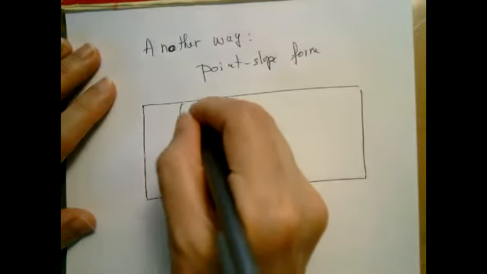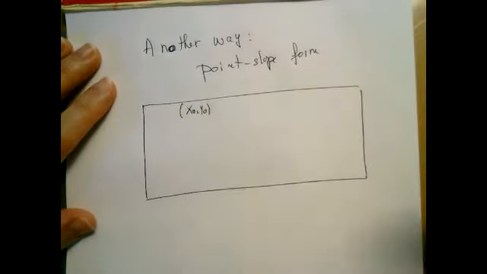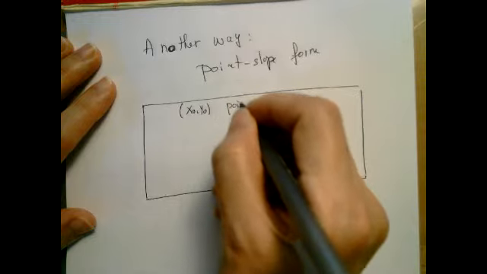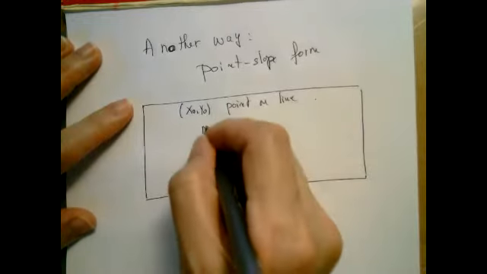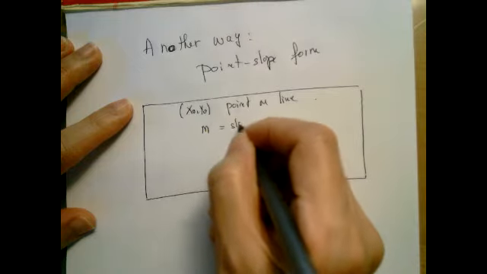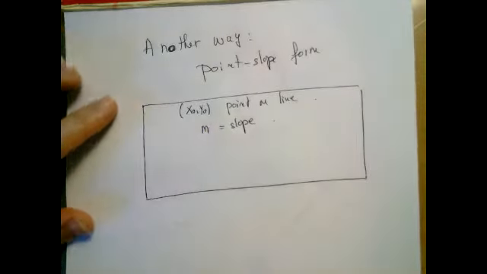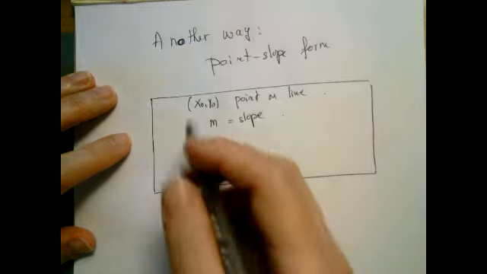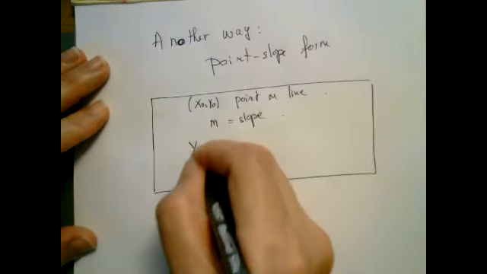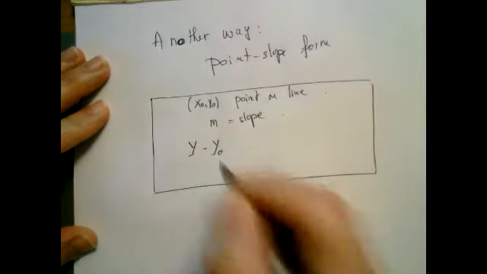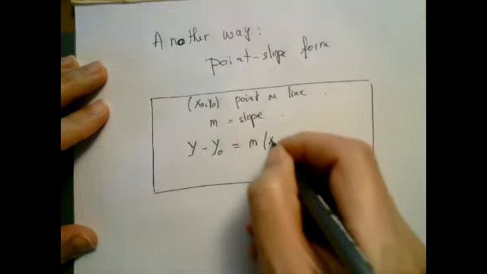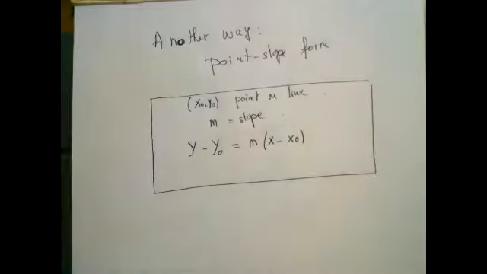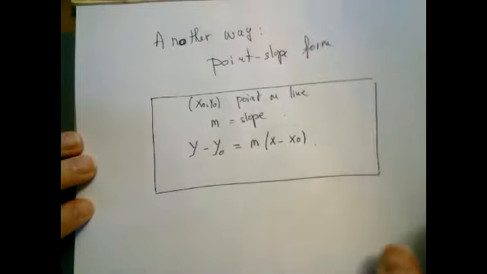If you have a point (x0, y0) on the line, and m is the slope, then to find a formula for the function, you use the point slope form, which is, you guys remember it? y minus y0 equals the slope times x minus x0. Very useful, and it's my preferred way to find the equation of a line.